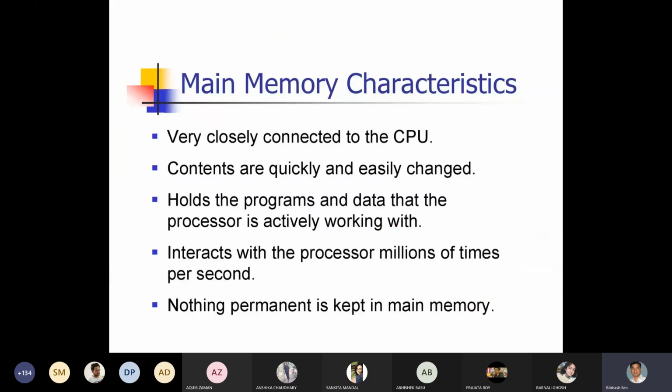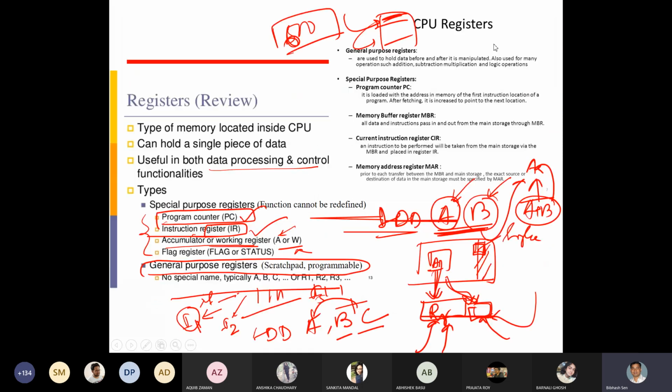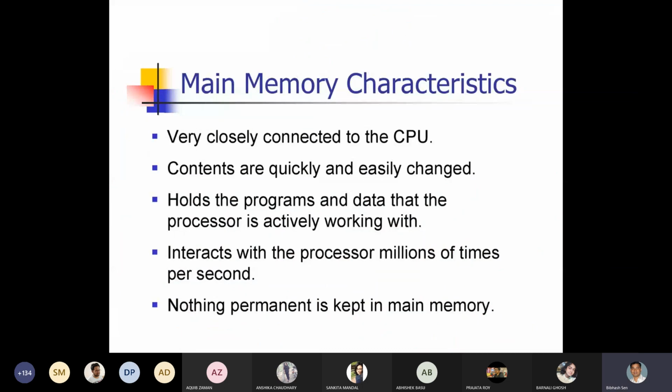Actually, I would like to show that the ALU is a structure like this. I am showing the ALU architecture. It is disturbing a lot.